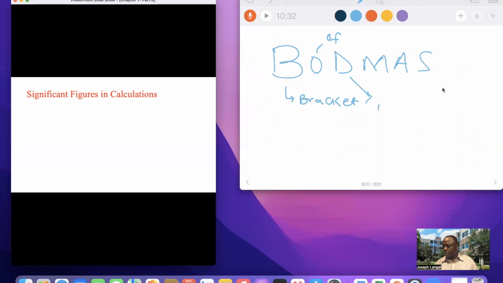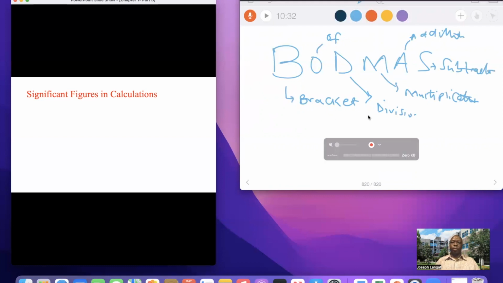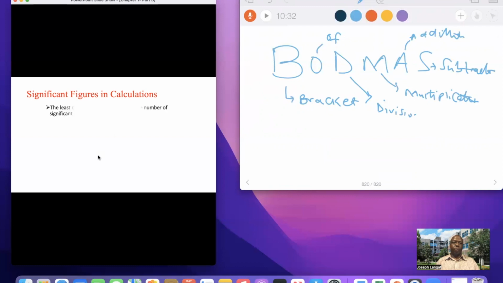And of course, division, then multiplication, then addition, and then subtraction. I'll follow that sequence when you have a mixture.